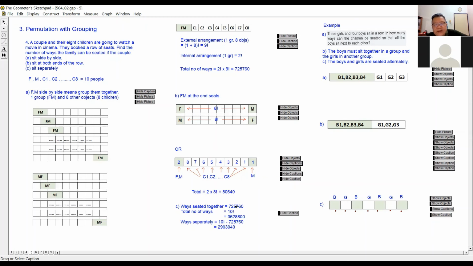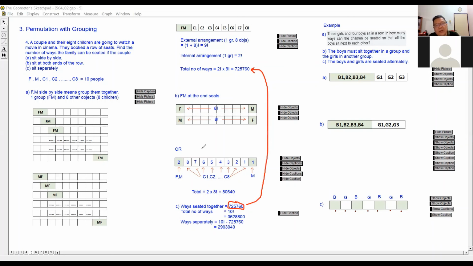The number of ways seated together is 725760. Where does this number come from? It comes from here. This is the number of ways in which the father and mother are seated together.